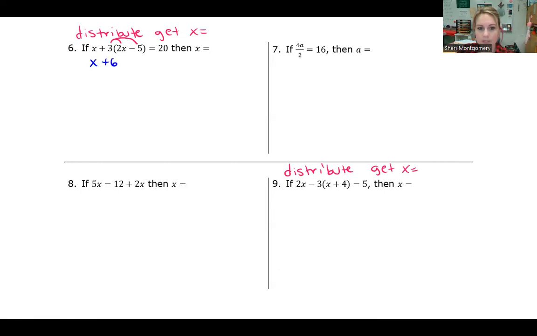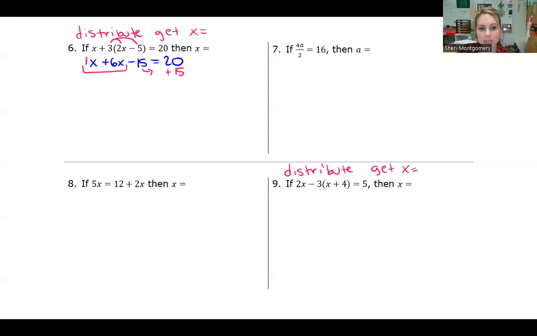3 times 2 is 6, and we have an x. 3 times negative 5, that's negative 15. I need to put the x's together. I have 1x and I have 6x, so I'm going to put those together, and I need to move the 15 because I'm trying to get x all by itself, so I can add 15.